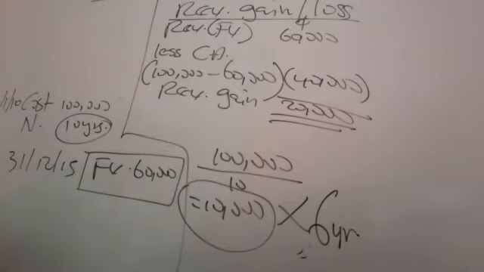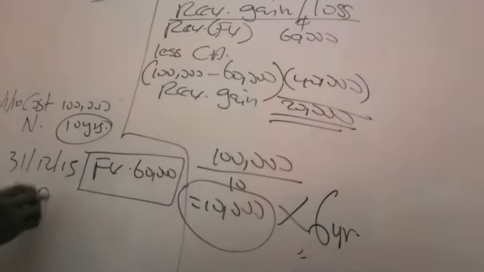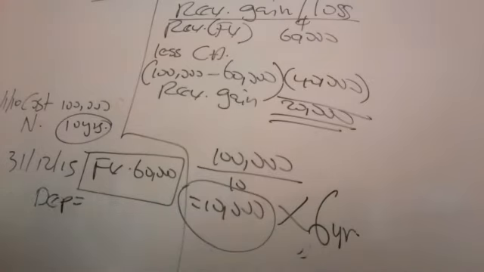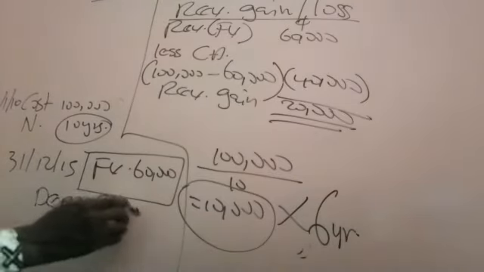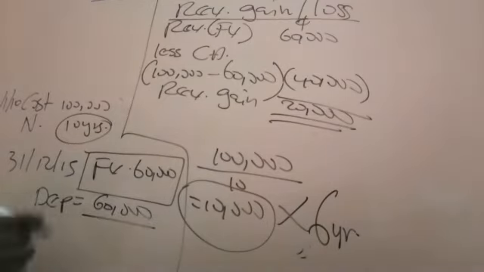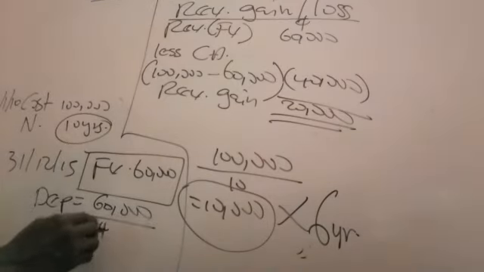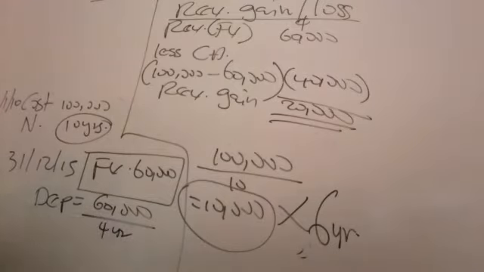Good. Now let's see. Depreciation after valuation will be the fair value, which is 60,000, divided by the remaining useful life, which is what? 4 years. And basically, this will give us what? 15,000, right?